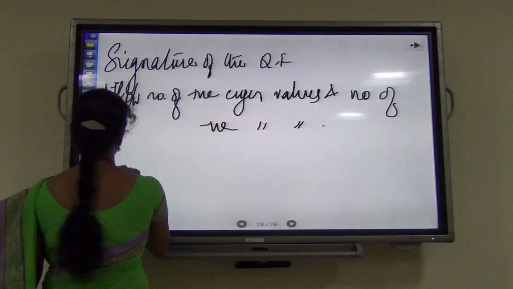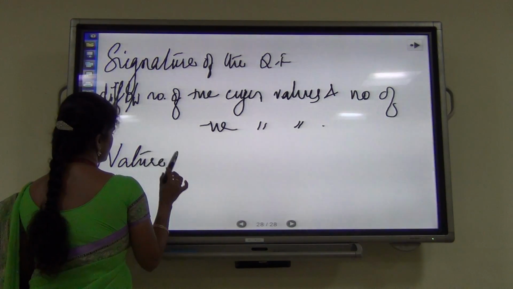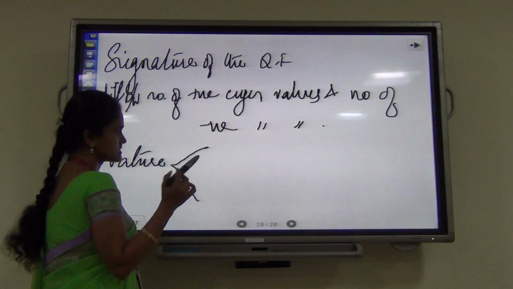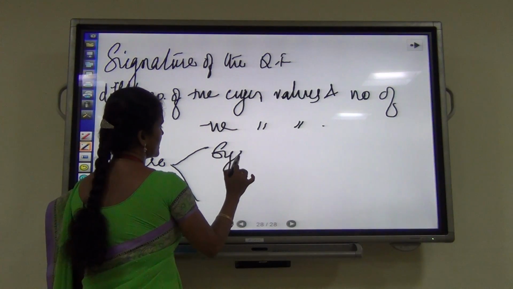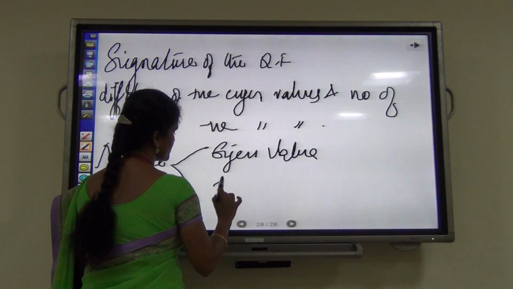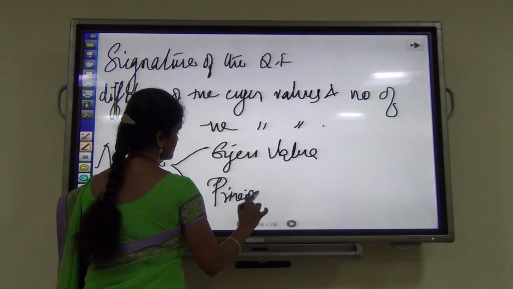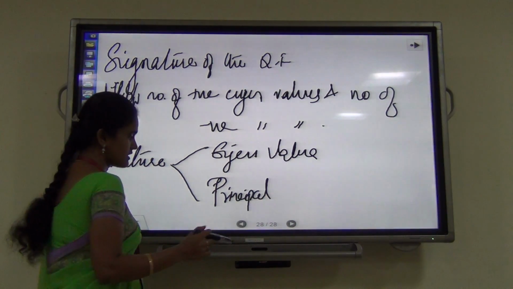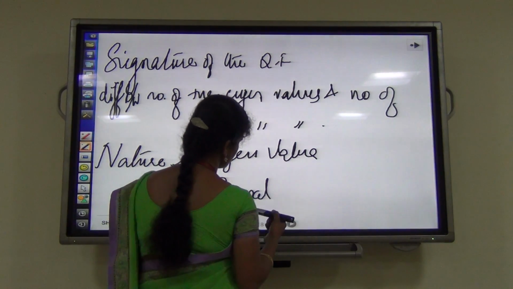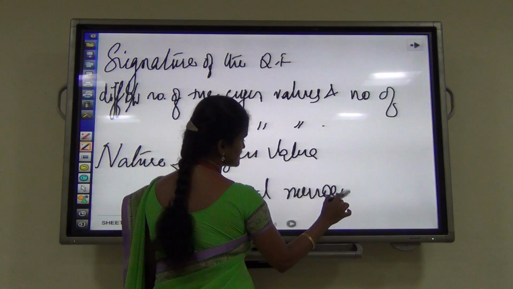And last is nature. Nature can be found in two ways. One is through eigenvalues, the other is through the principal minors method. Let us discuss the two methods in detail.